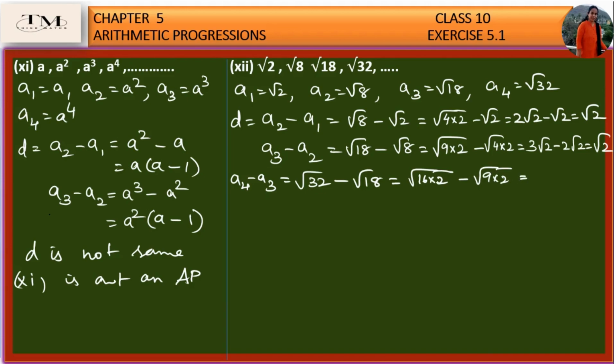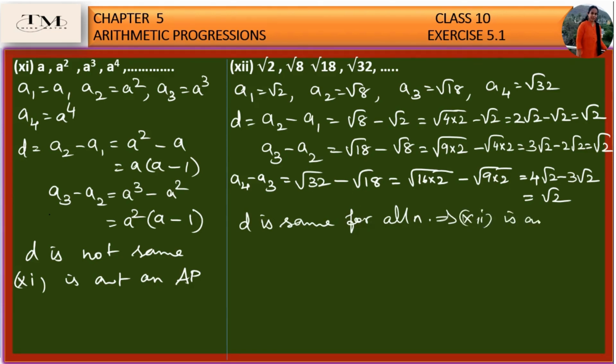So root 16 is nothing but 4, so it is 4 root 2 minus root 9 which is 3, then root 2 will be remaining. 4 root 2 minus 3 root 2. 4 minus 3 is 1, so it is 1 root 2. So here D is root 2, which is the same. So if it is the same, then the given list is an arithmetic progression.